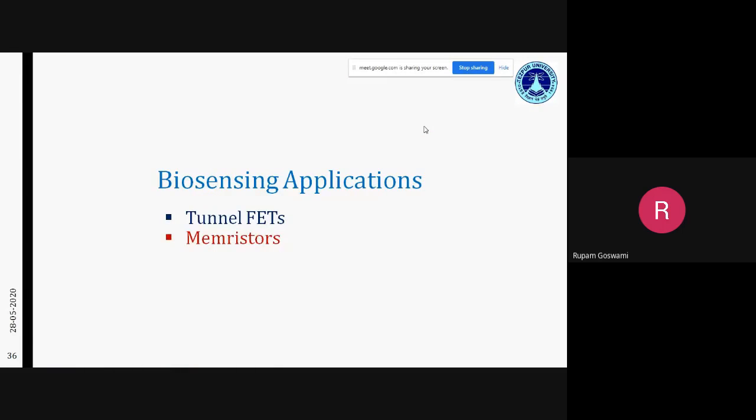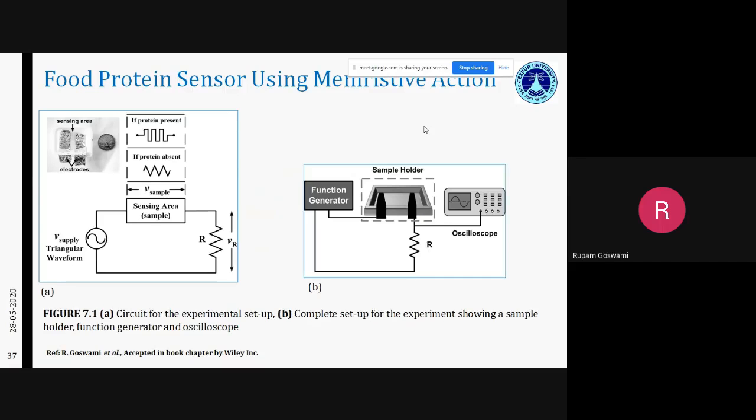Next, we'll move on to memristors, the last topic of this webinar. As I have already said, I have kept it at the end because it is going to be very interesting. This was entirely our idea of conducting an experiment on food items.